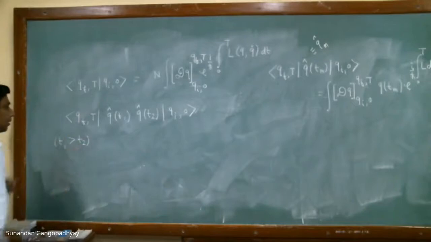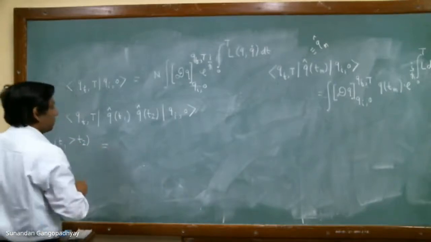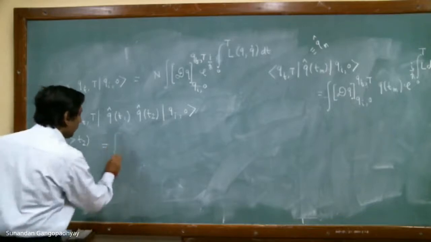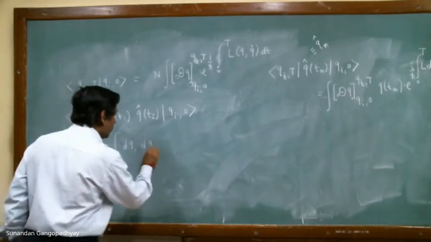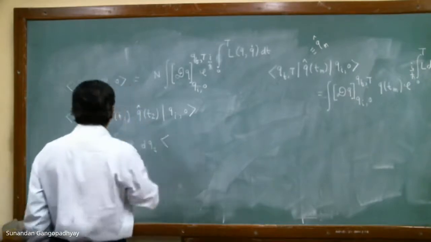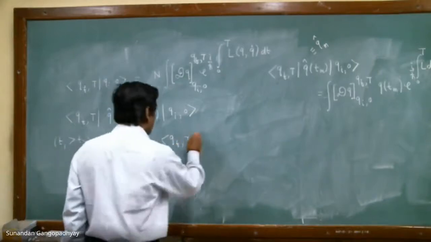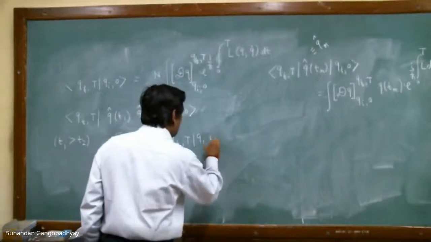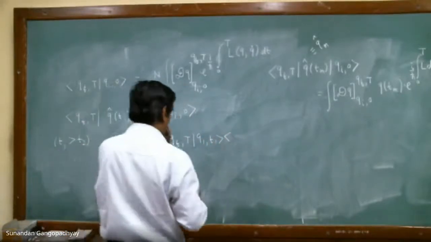So you have this condition, and now what you can do is you can put dq1, dq2, a complete set of position states, q_f t, then q1, t1, q1, t1.